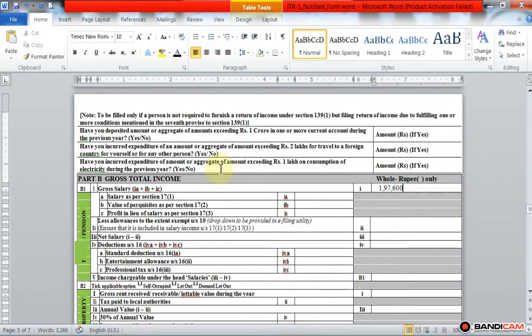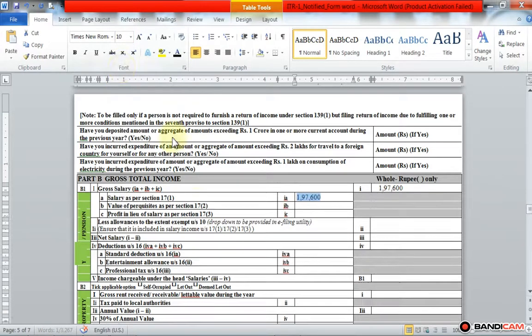Then here salary as per section 17 subsection 1, we found the gross salary, that is 1,97,600. Now value of perquisites: perquisite is not given. It means the facility provided by the employer to the employee is called a perquisite.